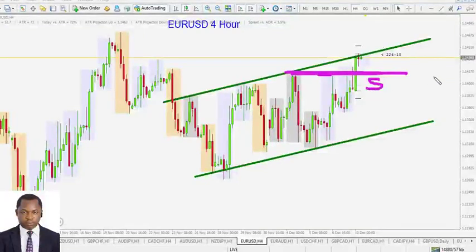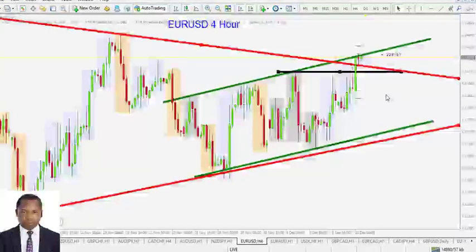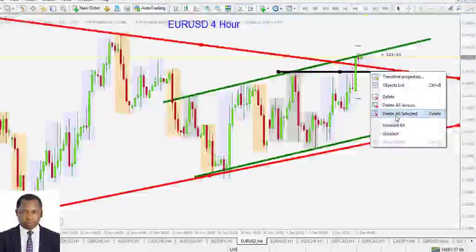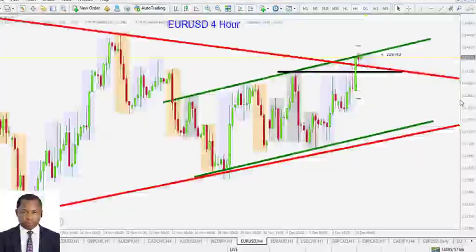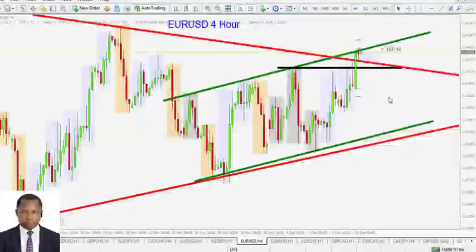So at any rate, we need price to move out of this junction of the chart where we have resistance there and support here in the 4 hour time frame. At any rate, for the euro against the American dollar, it is advisable not to go short. Just hold on. It is still around a problematic zone. At best, we want price to move away from where it is.